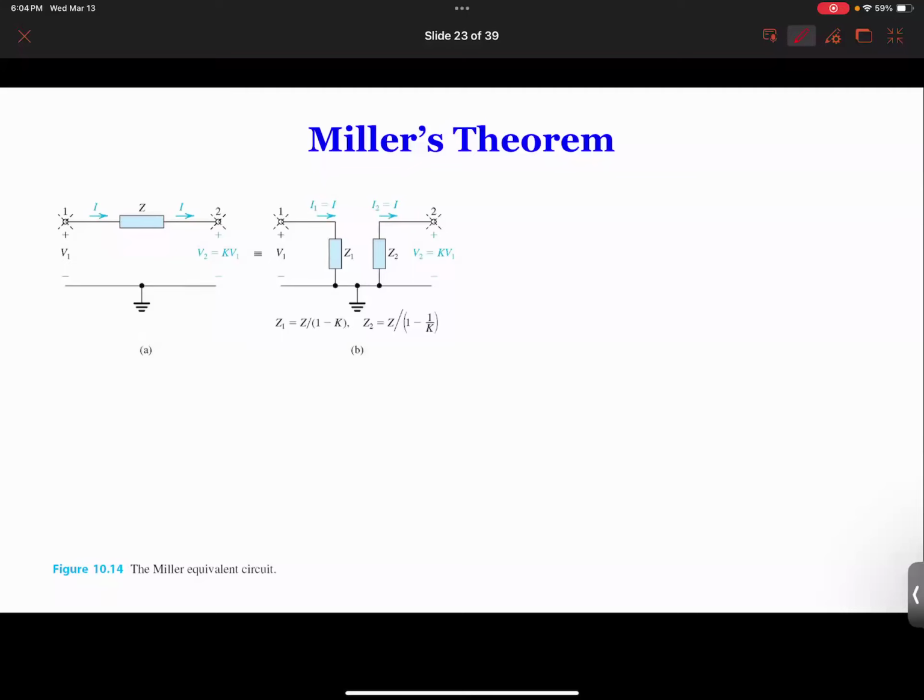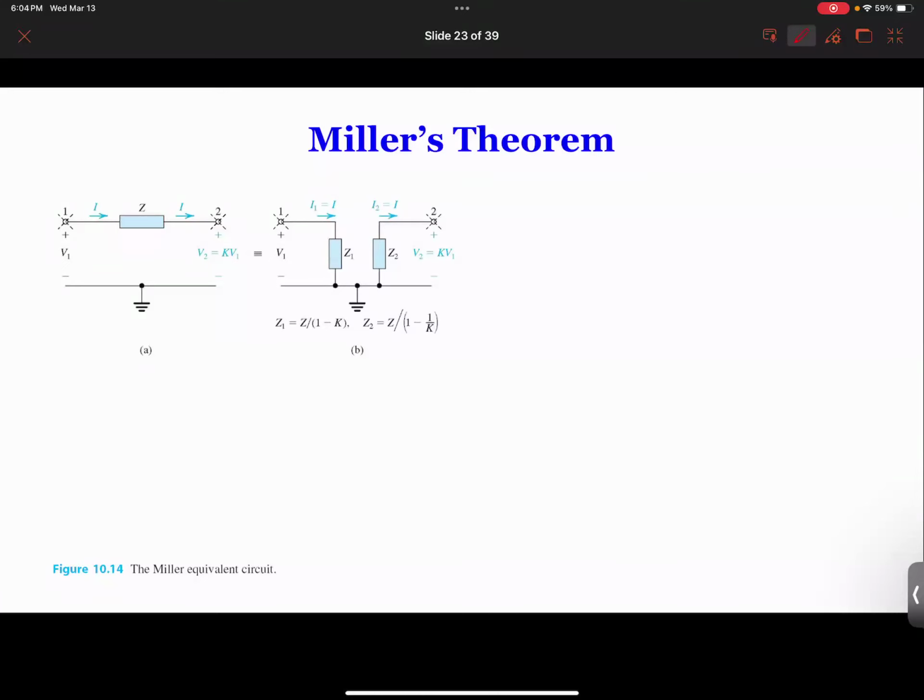If you have an input voltage, an output voltage, and some sort of impedance in the middle, and you know the ratio between V1 and V2, you can simply convert this circuit into this circuit. This is called Miller's theorem.